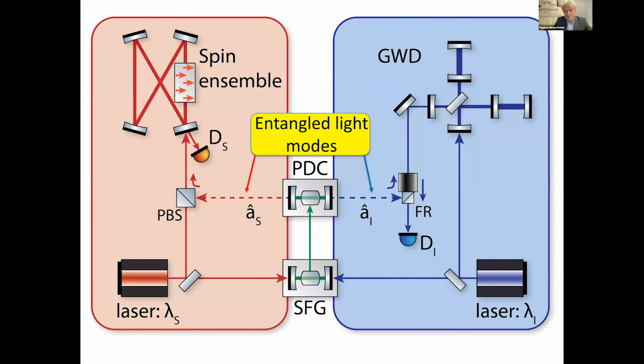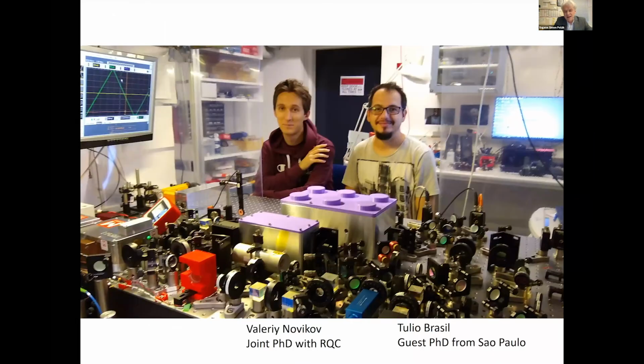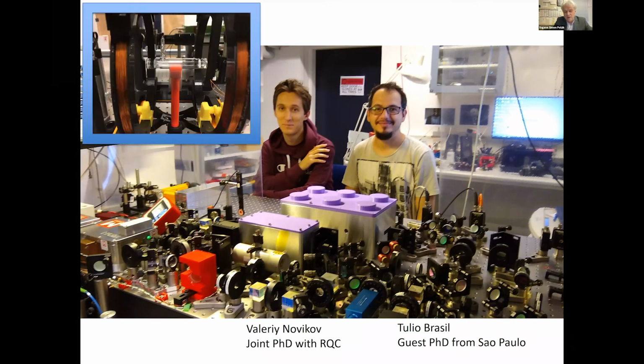So we're building the entangled light source. We have already observed about 8 decibel entanglement between those two colors, which is a record in its own right. Those heroes are putting together now the entangled light source and combining it with the atomic noise eater.